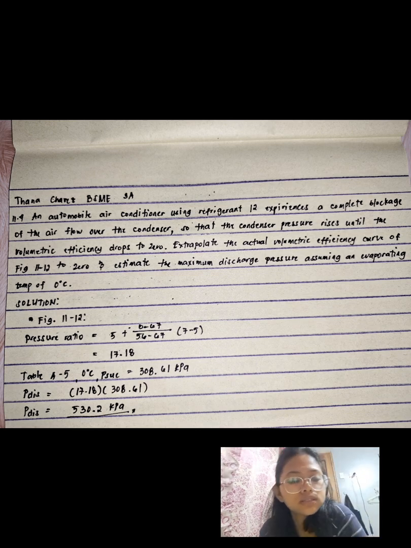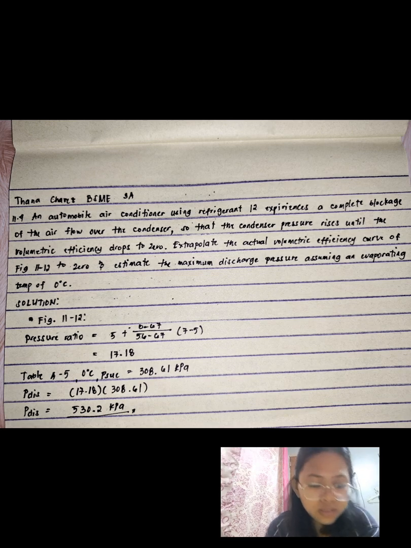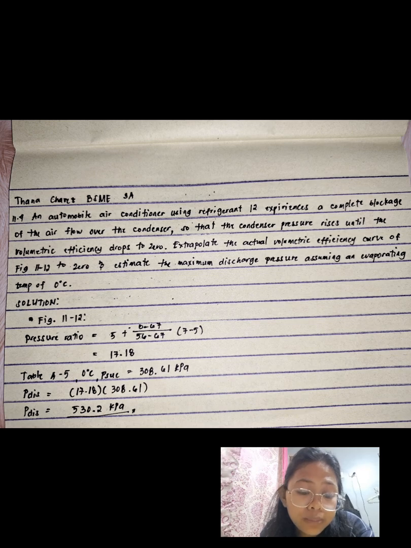So, to discuss our solution, from figure 11-12, pressure ratio is equal to 5 plus (0 minus 67) over (56 minus 67) multiplied by (7 minus 5), which is equal to 17.18.